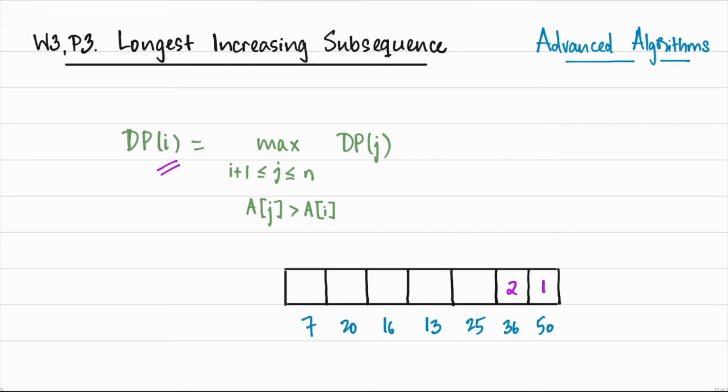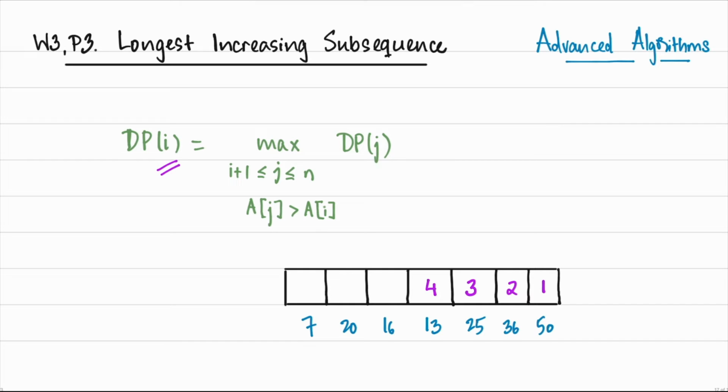Now, when I come to 25, I see 2 options, 2 and 1. 2 is the better of the 2 options. And therefore, my answer here should be 3, because it's 25 combined with whatever subsequence started at the location that witnessed the number 2. And similarly, at 13, we should be upping the number further to 4.